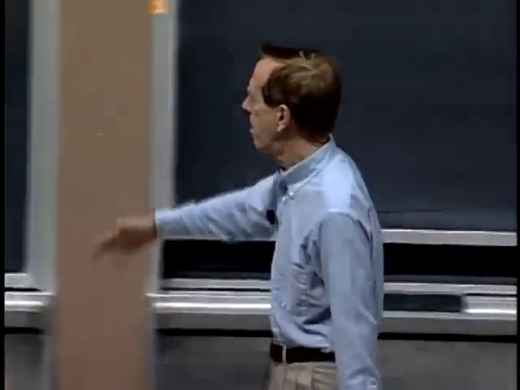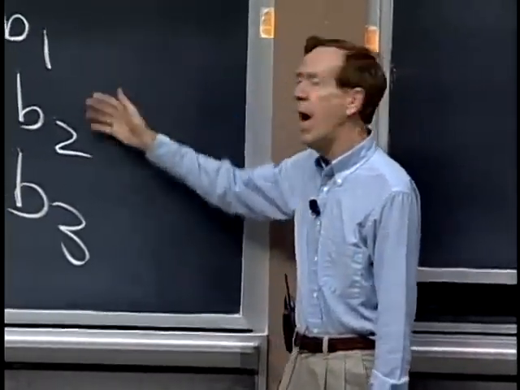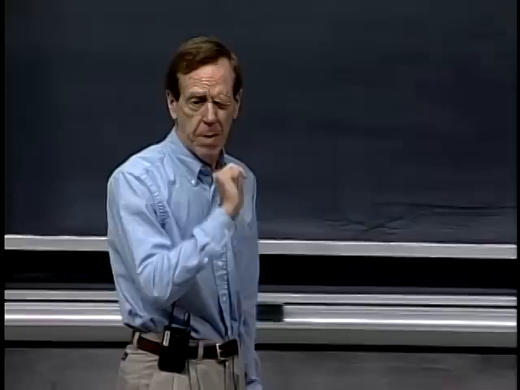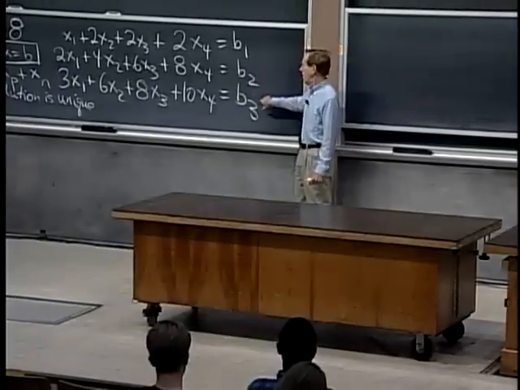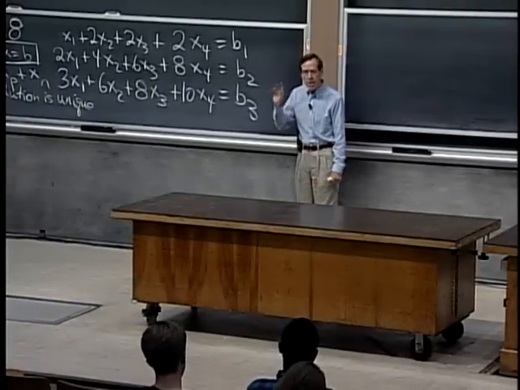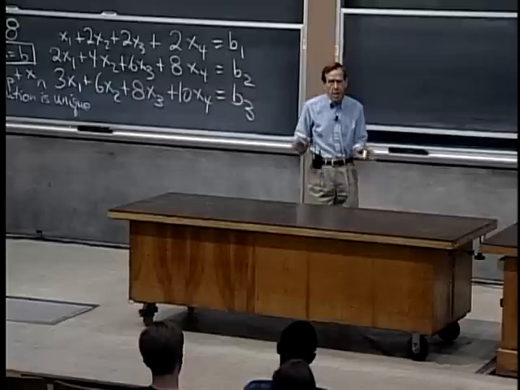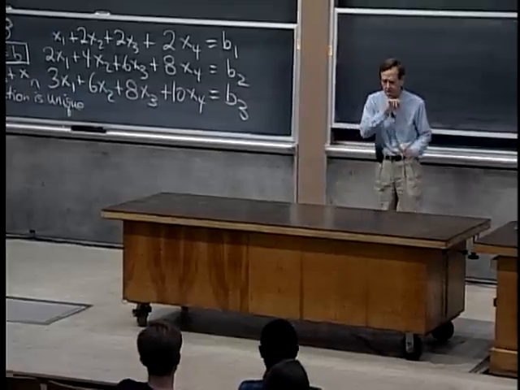In most cases, if I took these numbers to be 1, 5, and 17, there would not be a solution. In fact, if I took those first numbers to be 1 and 5, what is the only b3 that would be okay? 6.